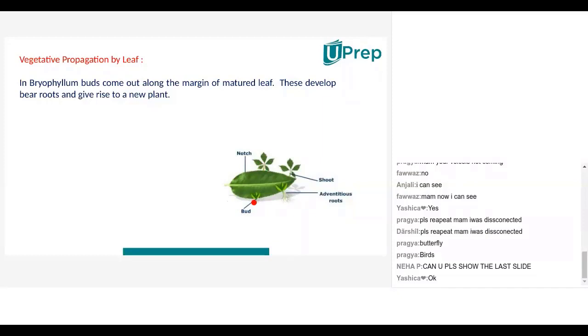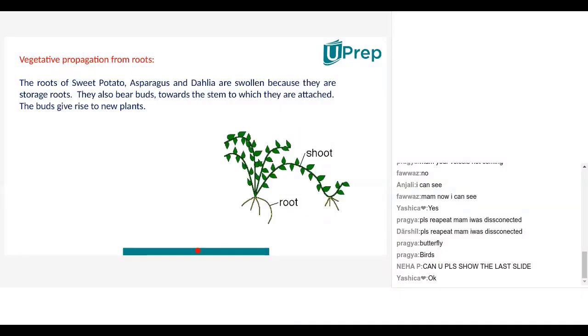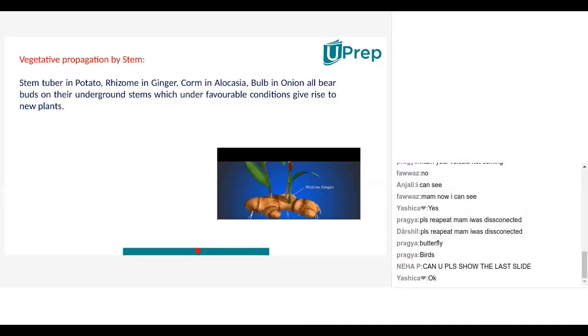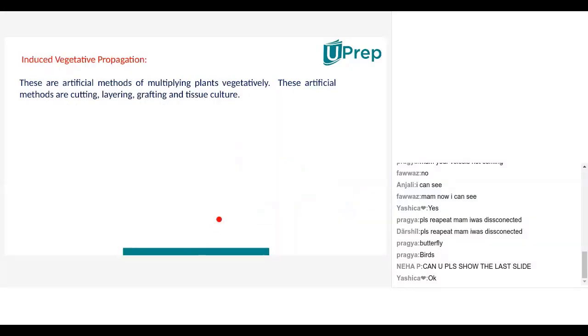It is very interesting to see that the leaf is bearing roots, and from that root, a new shoot will come. What we have discussed is the different types of vegetative propagation, first through root, then through stem, and then through leaf, right? Every leaf, every root, every stem has the probability to vegetate, matlab grow into a brand new plant.